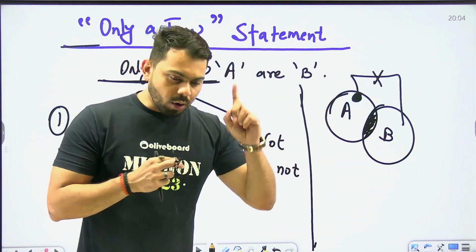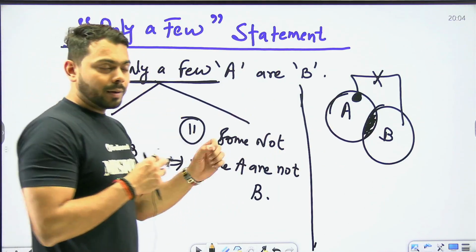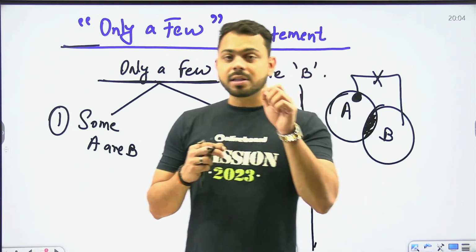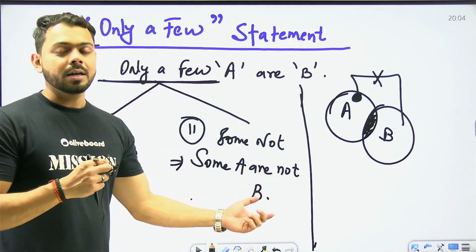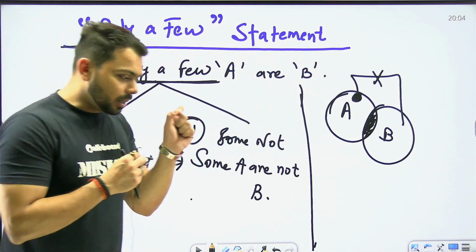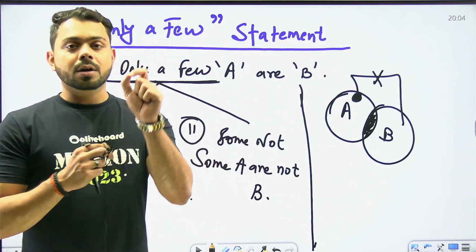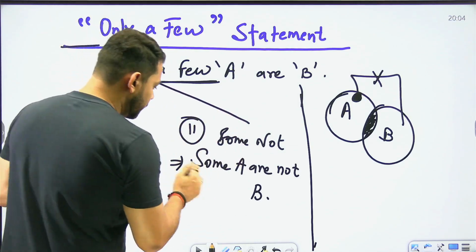And one more very, very important point: if in any conclusion a "some not" type of conclusion is given, like some A are not B, then the possibility of "all" will be wrong. Why? Please see here.